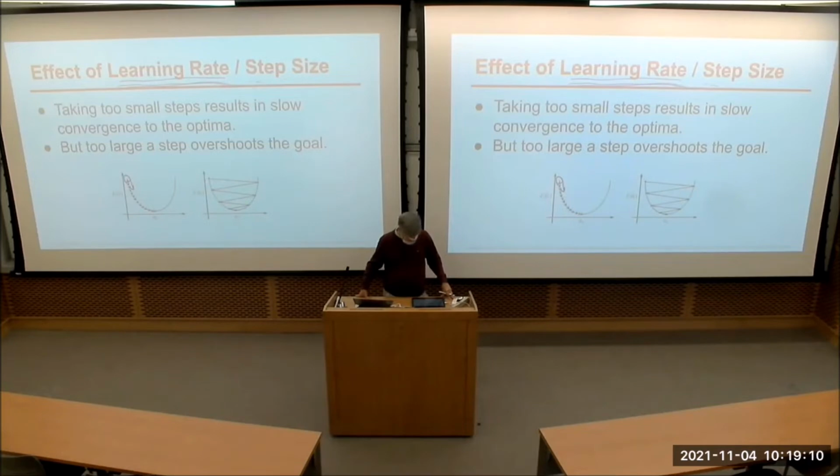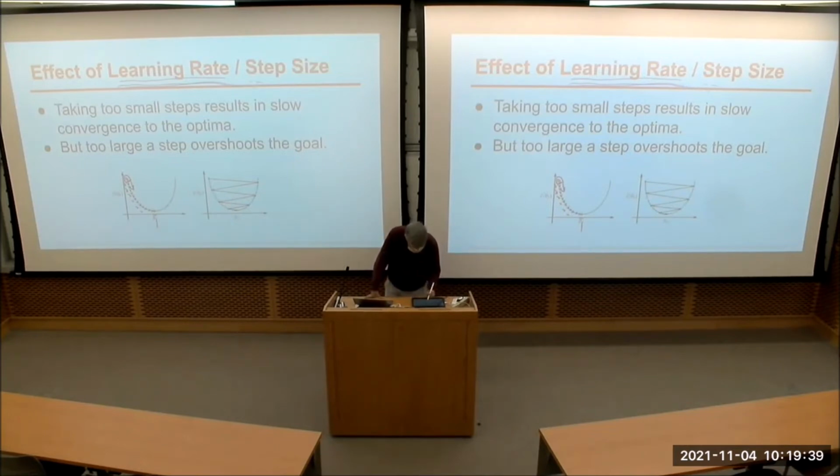It should be clear that if you're far from the goal and alpha is small, you're going to take little steps towards the goal each time. And if alpha is too small, it's going to take many, many, many steps to get towards the goal.